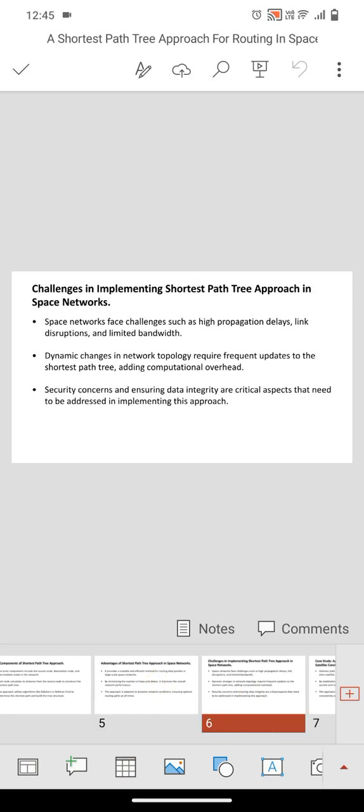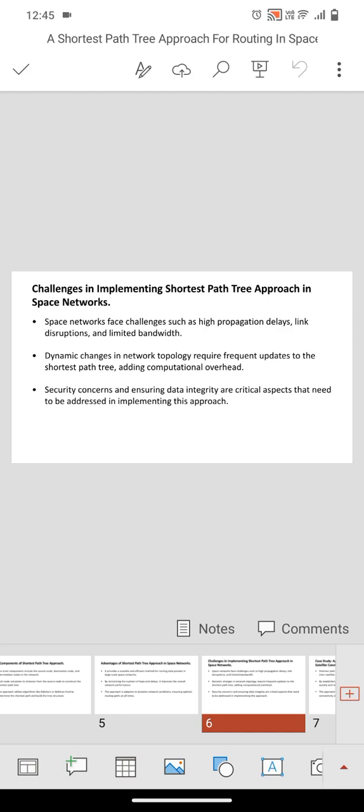Now we can see the next slide. Challenges in implementing the shortest path tree approach in space networks. Space networks face challenges such as high propagation delays, link disruptions, and limited bandwidth. Dynamic changes in network topology require frequent updates to the shortest path tree, adding computational overhead.